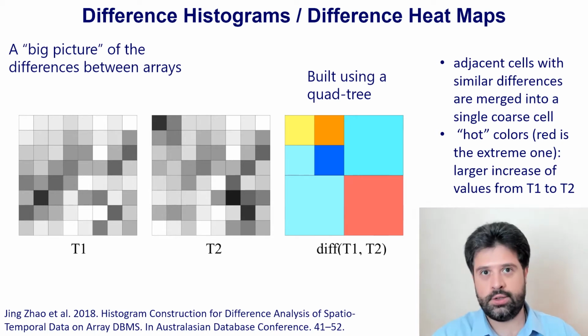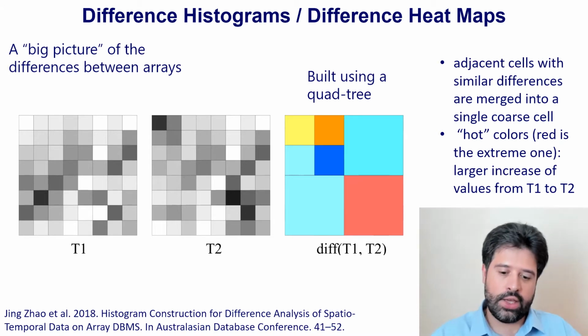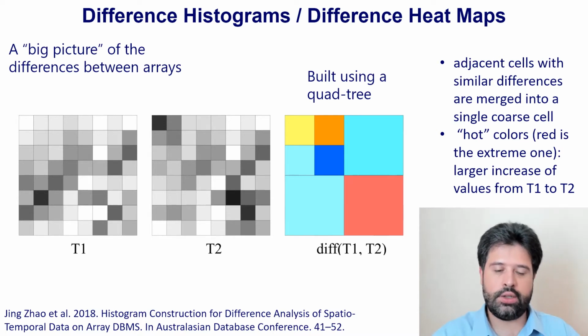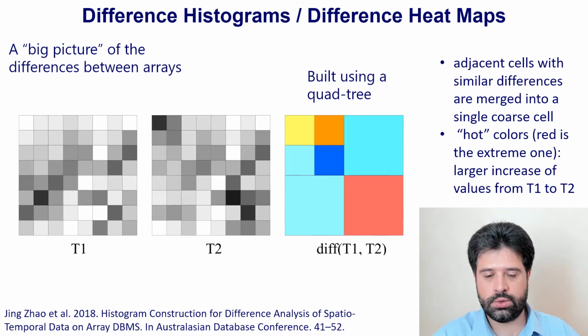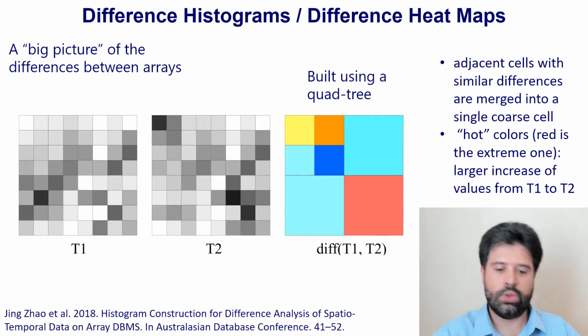It has varying cell sizes. The colors reflect the magnitude of differences. For example, hot colors indicate a larger increase of values from T1 to T2. This technique can be used to compare simulation or observation datasets.